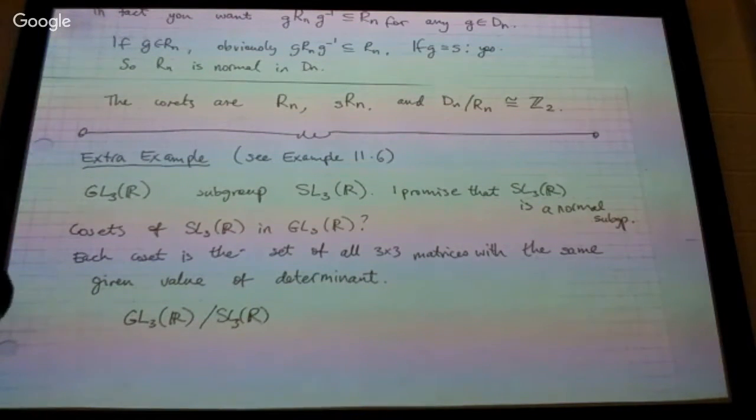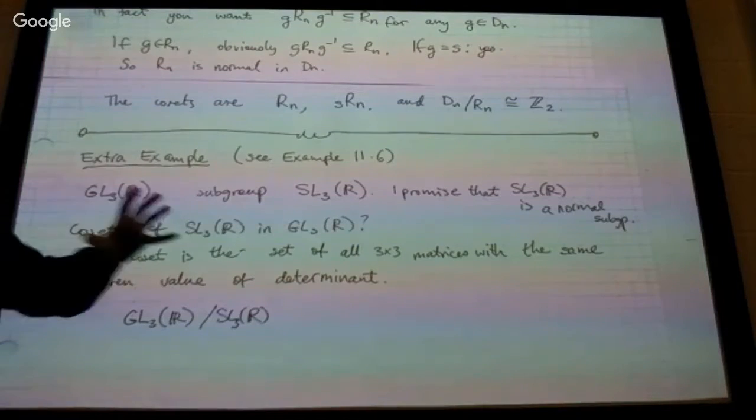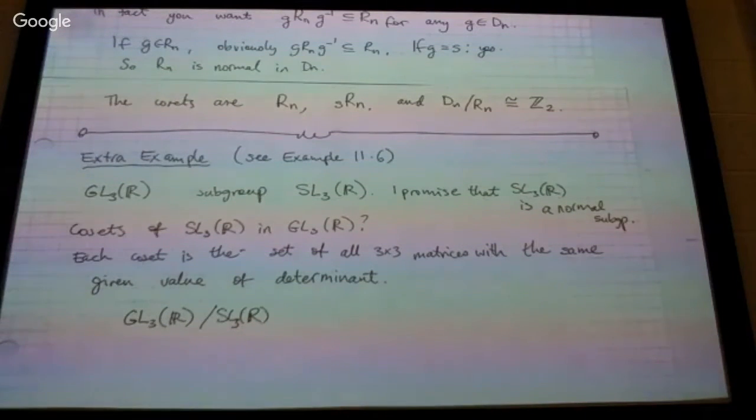Because it's a normal subgroup, you can pick any matrix in one coset and any matrix in the other coset, and multiply them. The coset of the result is the result of the multiplication of cosets.